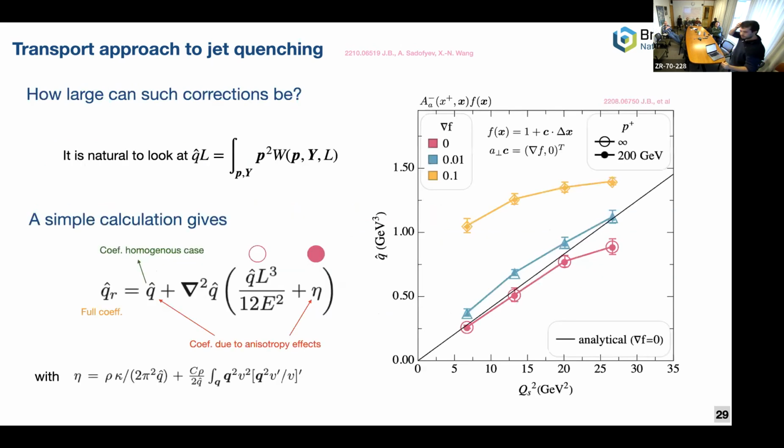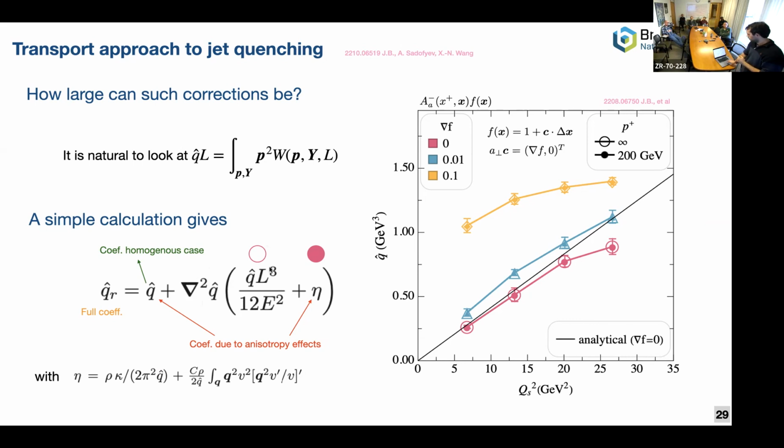Okay. So finally, let me just show you very briefly one quantity that you can straightforwardly compute from this equation. Here again, I'm computing the total diffusion coefficient, or the jet quenching parameter q̂, from this Wigner function. And what you find is that the full coefficient can be written as the homogeneous coefficient times corrections which scale with the Laplacian of the diffusion coefficient.